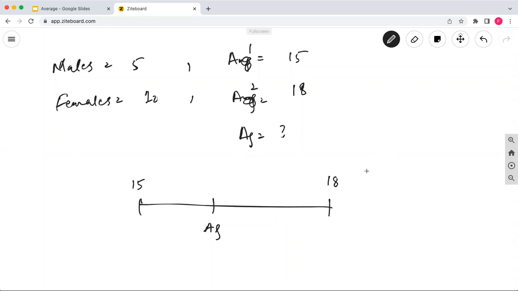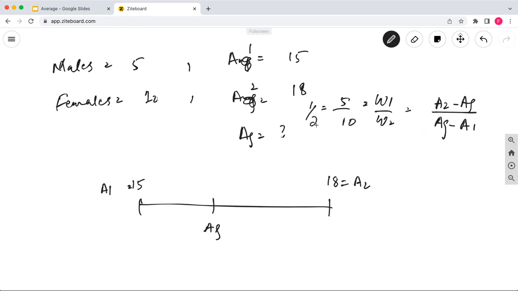And if you remember the formula, this is A2, this is A1, this is AG, and the formula was W1 over W2 is equal to A2 minus AG divided by AG minus A1. So first of all, what is the ratio W1 over W2? W1 is equal to 5 and W2 is equal to 10, and this is equal to 1 by 2. Yes or no?